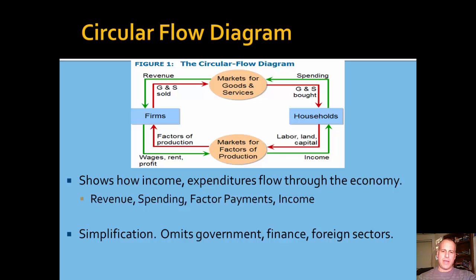The circular flow diagram, we should note, is a simplification of the way the real economy works. In particular, it omits the role of government, the role of the financial sector, and omits foreign trade. But it gives us a way to think about the way that we're measuring income and expenditures in an economy, and extending it to consider these other factors is quite reasonable and straightforward.